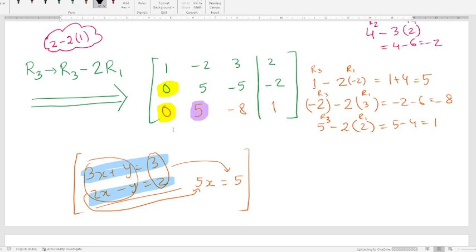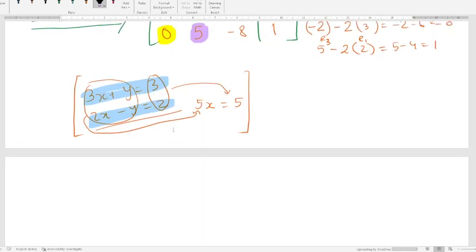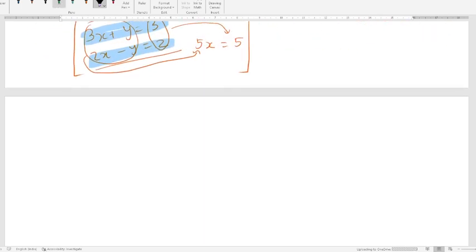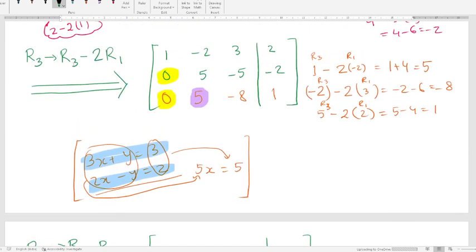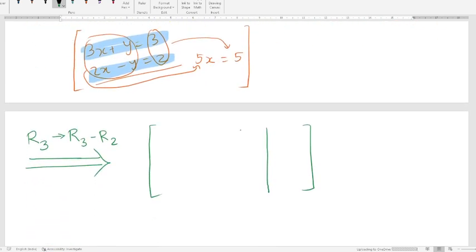Now let's see, R3 minus R2. Exactly. Let's do that. R3 minus R2. We'll write the new R3, which is going to be transformed to R3 minus R2. When we are doing that, R2 and R1 are not going to change. 1, -2, 3, 2.